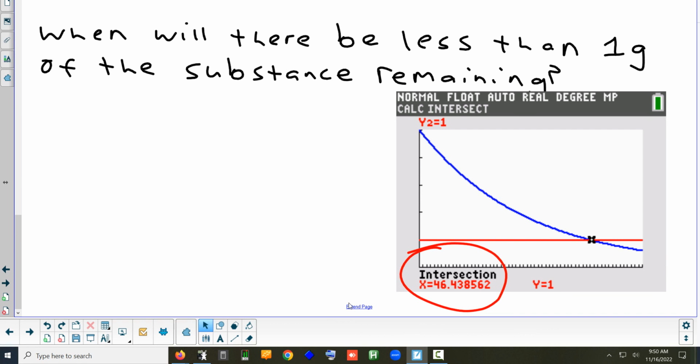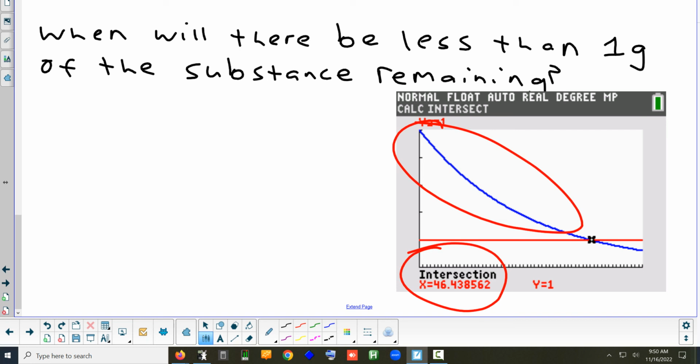So you could decay that many days or you'd have to decay more, like any amount more than that. Because if you decay less than 46 days, you're still up in this area. If you decay more than 46 days, now you're down under 1 gram. Does that make sense? Okay, so the time here is, when will we have less than 1 gram? When the time is greater than 46.4 days.